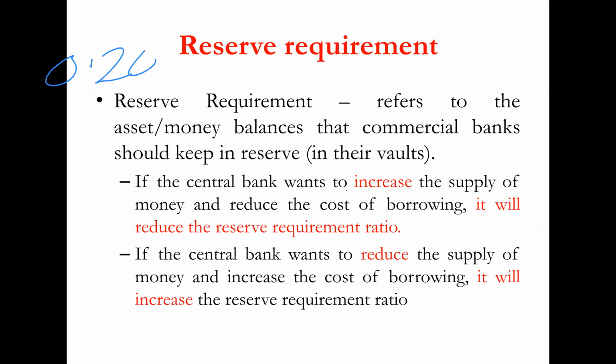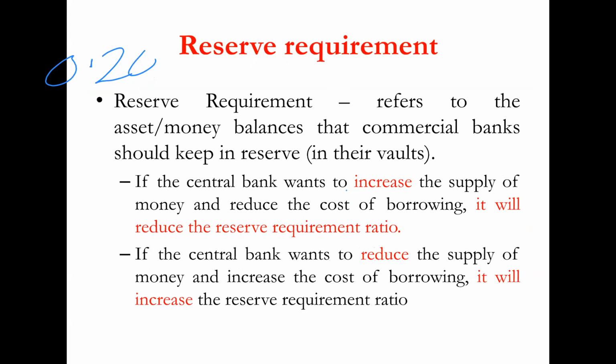Okay, so now what happens is that I just said that the reserve requirement refers to the money balances that the commercial bank should keep in reserve. So if the central bank wants to increase the supply of money, they reduce the cost of borrowing. As a result, it will reduce the reserve requirement ratio. The reserve requirement ratio becomes what? Smaller.